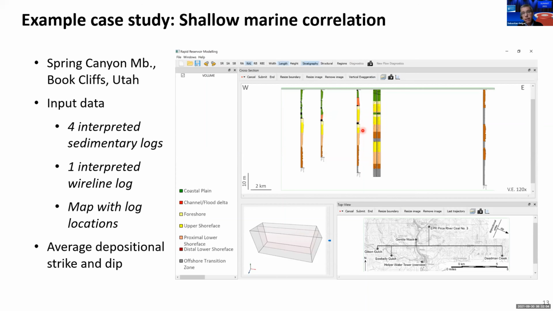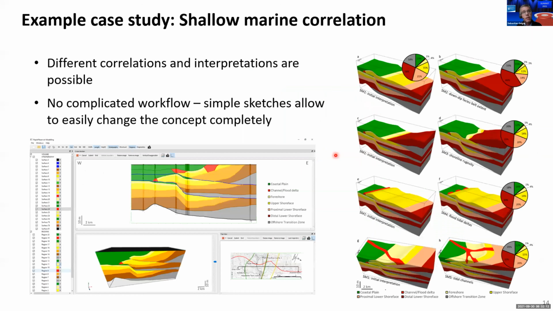So here we have loaded the logs and cross-section, then we simply start interpreting and testing different concepts based on the geological data that we have available. On the right-hand side, you see a number of the different geological concepts that we have created. They're all based on different correlations and interpretations of the same geological data.